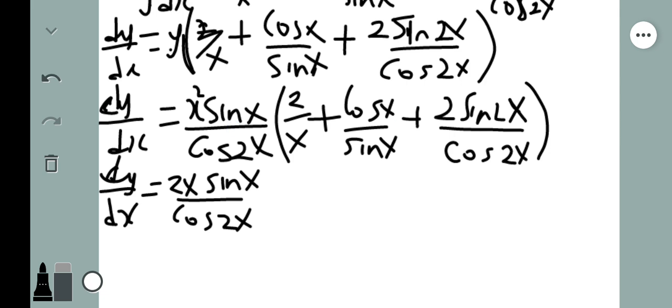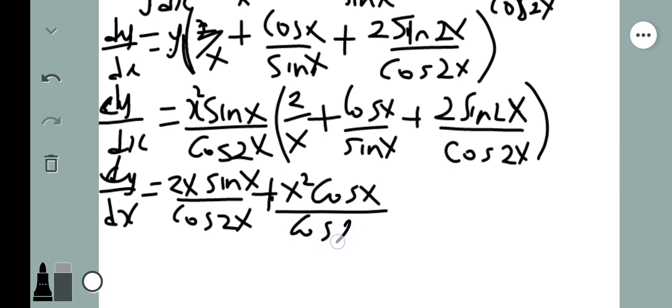This times this, the sine here will cancel the sine here, so we have only x square cos, plus x square, plus this times this, sine cancels, so we have only x square cos x over, this is already 1 over cos 2x.